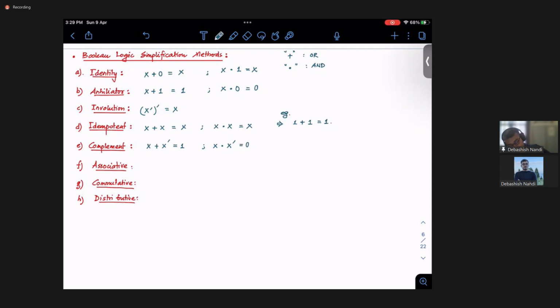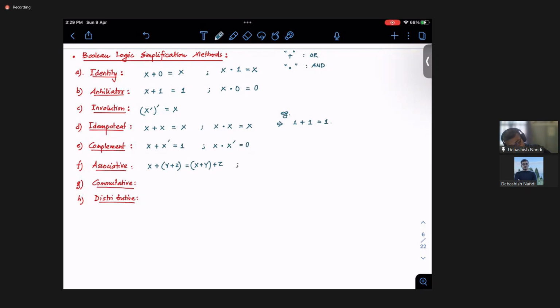Okay, so the associative property means if you have this kind of thing, it is nothing but this. It doesn't matter how you associate some group of things when you are doing an OR operation.